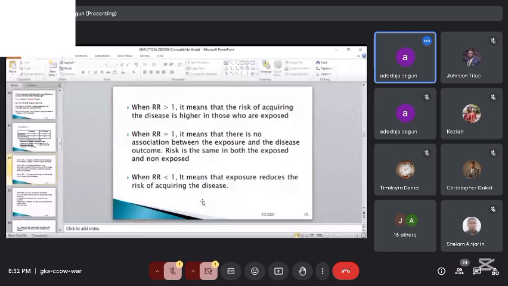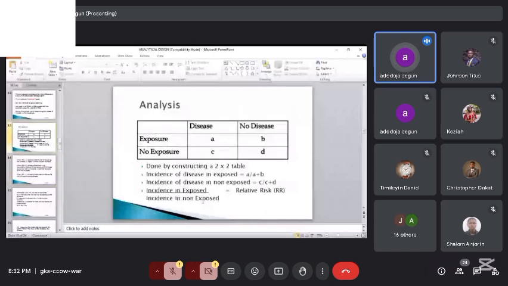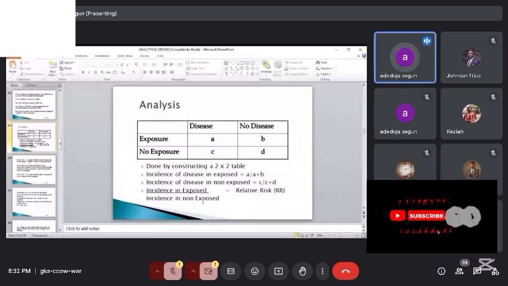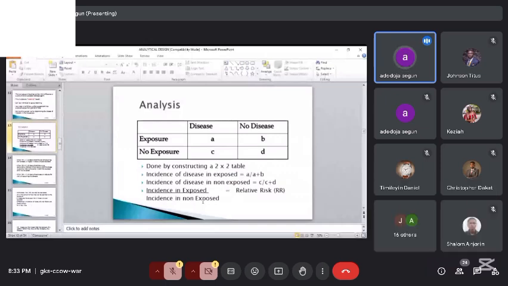For instance, in the previous slide I just mentioned, they have been using unprotected sex, and some of the people that are exposed came down with disease, and some of them did not. But for the not exposed, some came down, some did not.